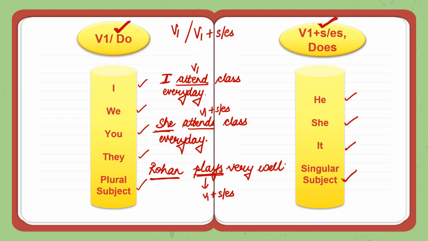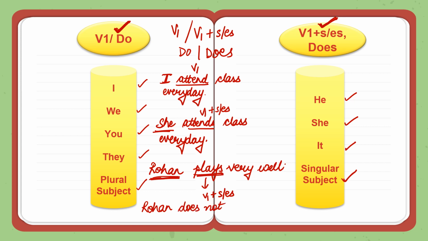What if I want to make negative of this sentence? Rohan. Again it is singular. For negative, I have told you that we use not, and not is always placed after a helping verb. So we have to add a helping verb. So we have two choices, do or does. Since our subject over here is singular, we will use does.